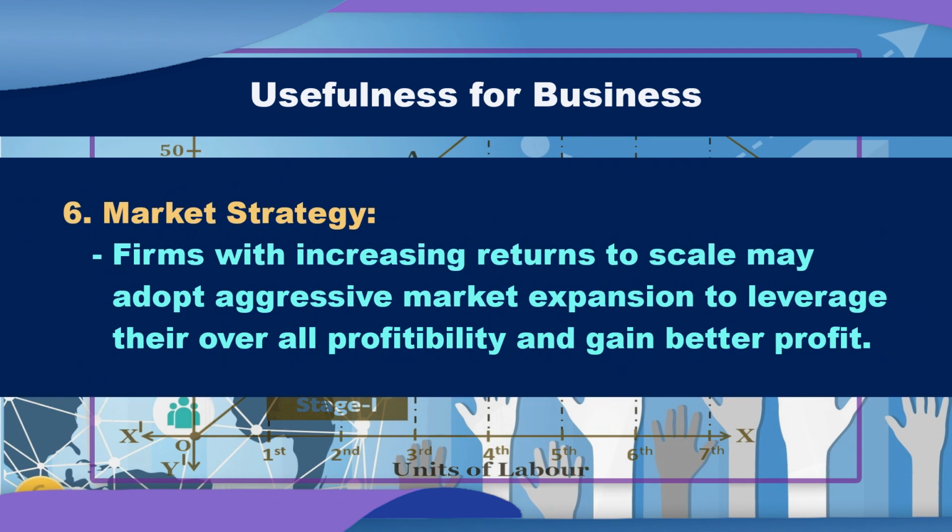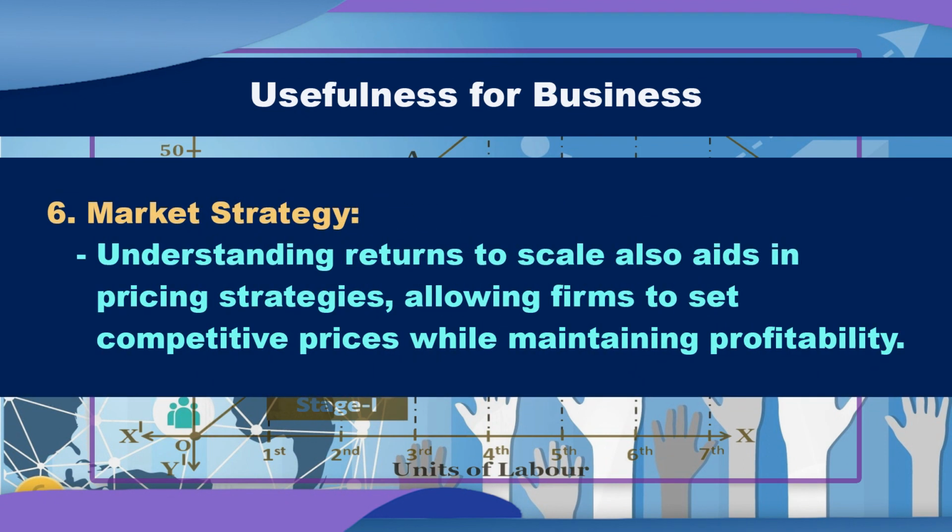Next is market strategy. So, in this aspect, firms with increasing returns to scale may adopt aggressive market expansion to leverage their overall profitability and gain better profits. Understanding returns to scale also aids in pricing strategies, allowing firms to set competitive prices while maintaining profitability.